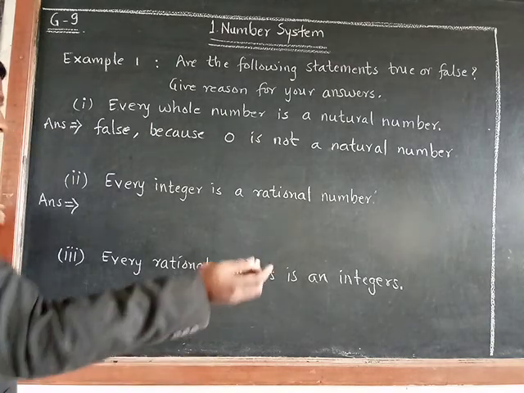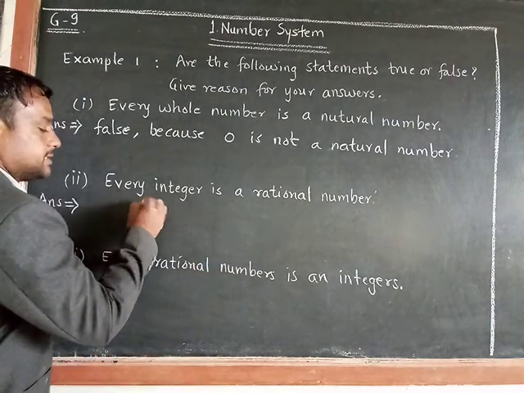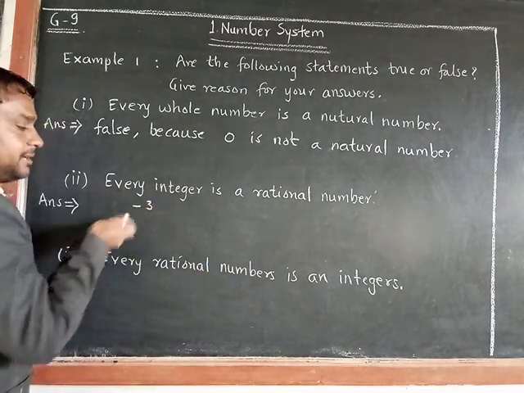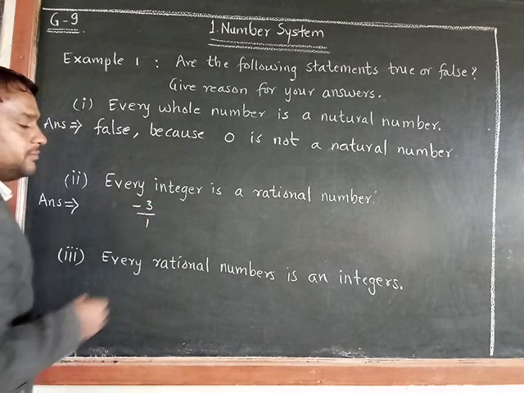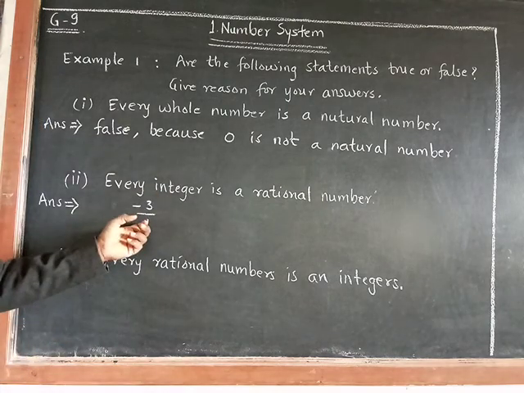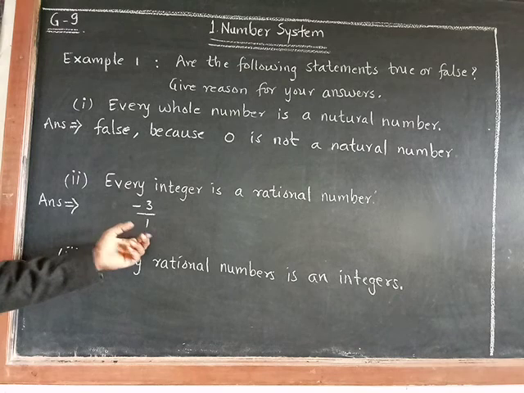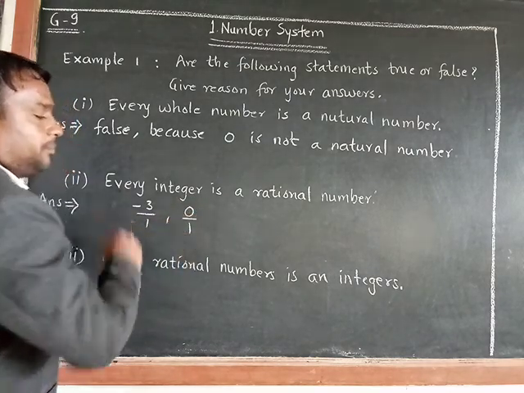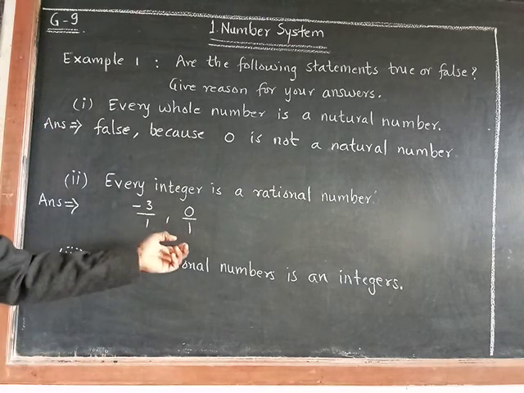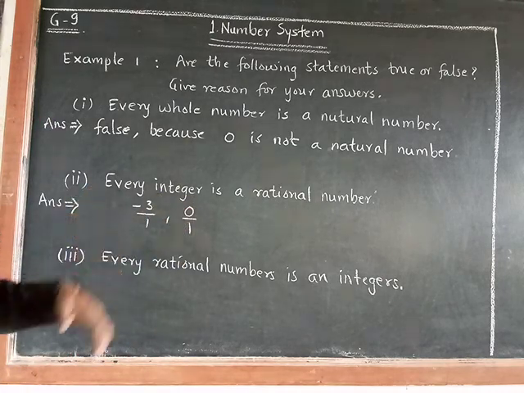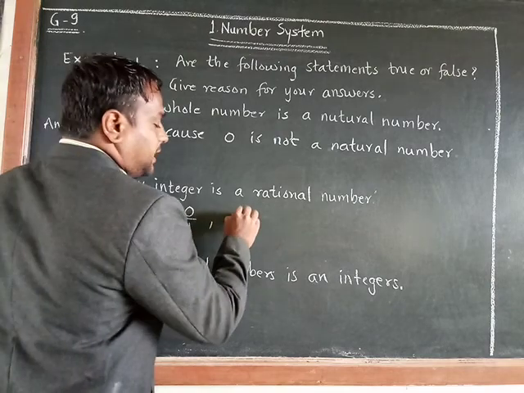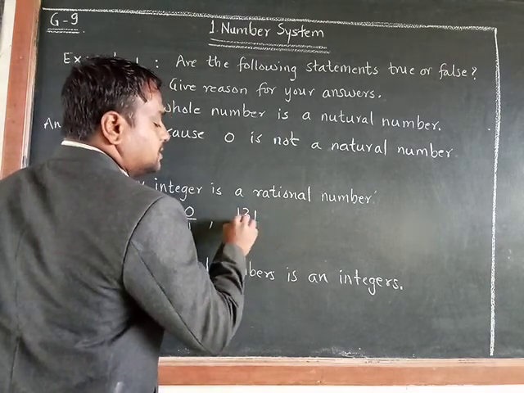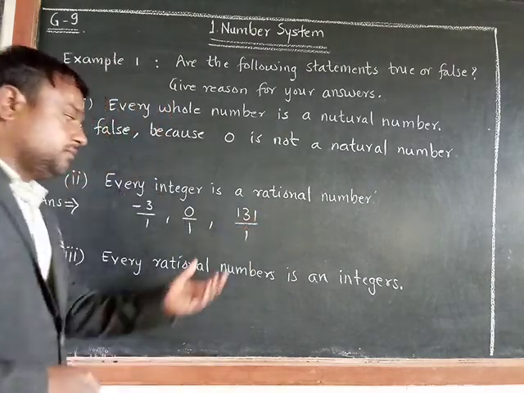For example, if you take -3, we can write -3 as -3 upon 1, so it is a rational number. Also we can write 0 as 0 upon 1, so again it is a rational number. Again any positive number like 131, we can write as 131 upon 1.